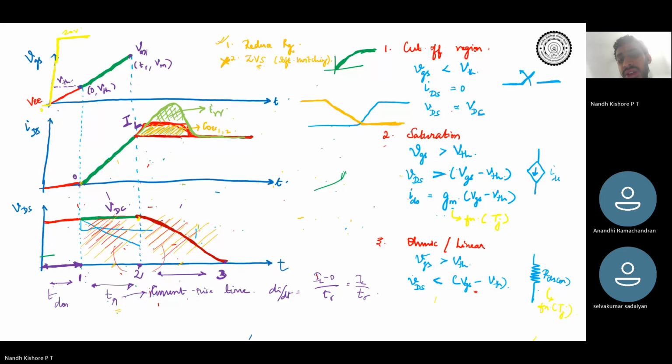Is this fine? Voltage is falling linearly, and there will be a point at which the device transitions from saturation region to ohmic region because VDS has fallen to a very low value.